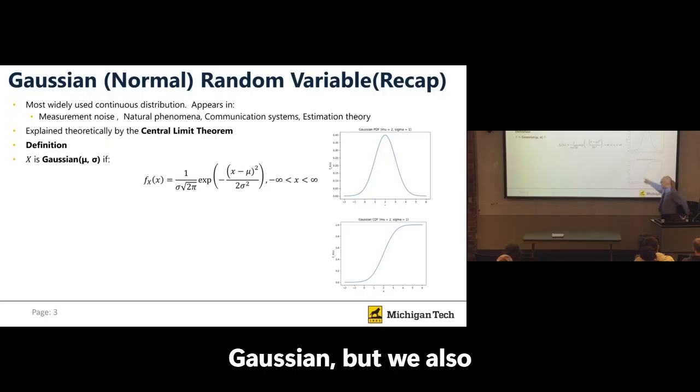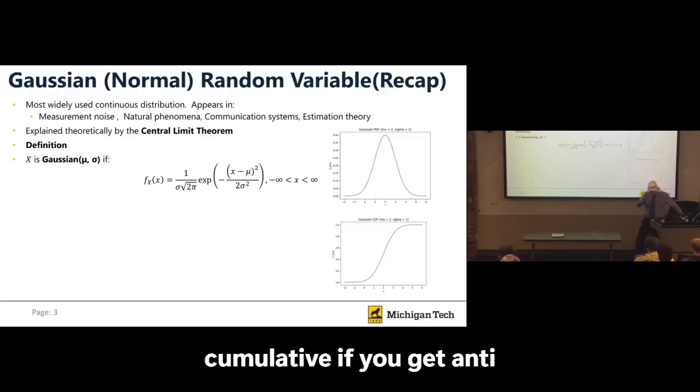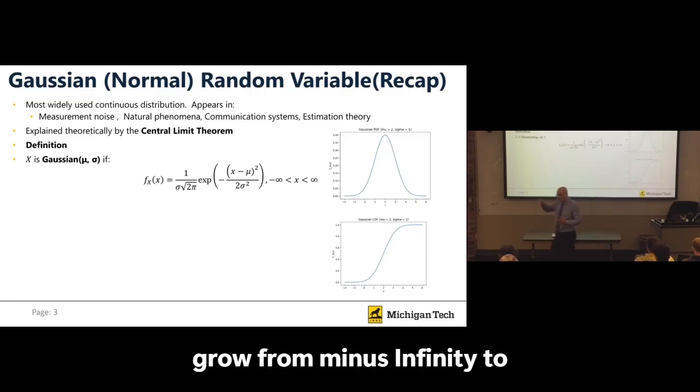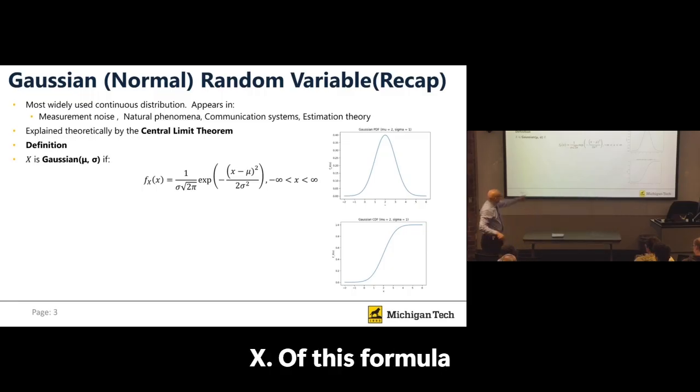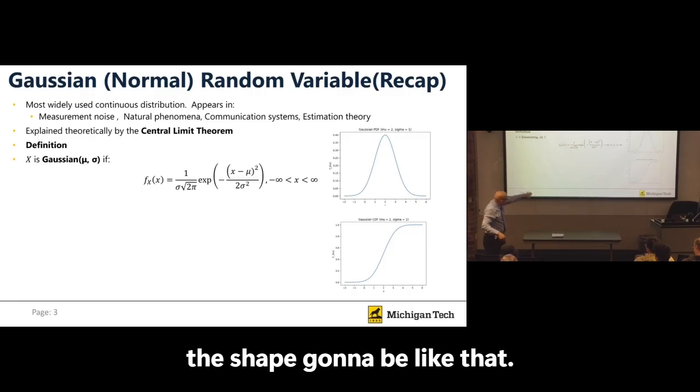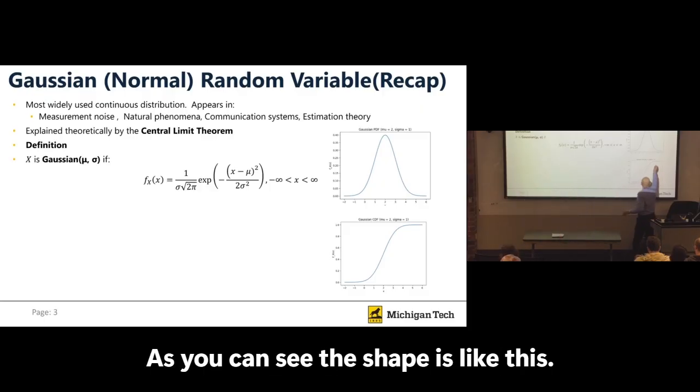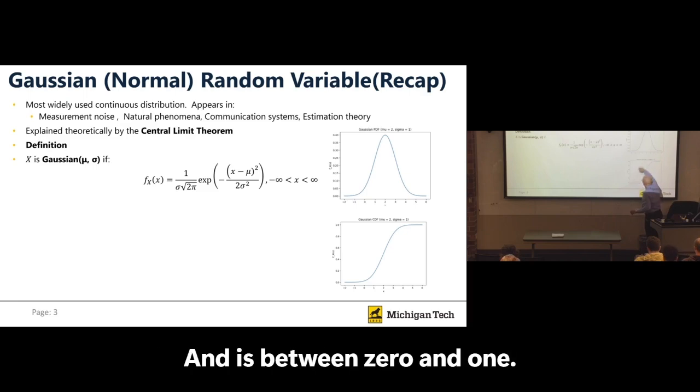But we can also compute the CDF of the Gaussian. So, cumulative: if we take the integral from minus infinity to x of this formula, the shape is going to be like that. As you can see, the shape is like this and is between 0 and 1.